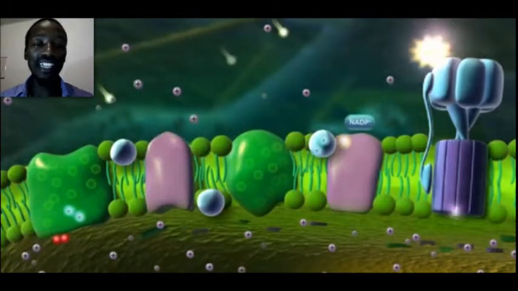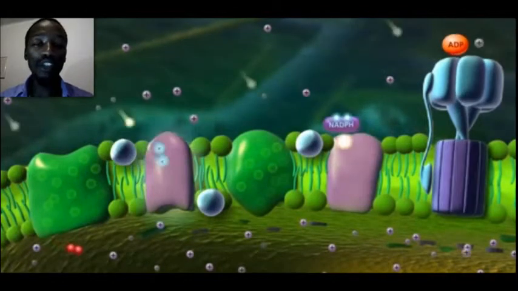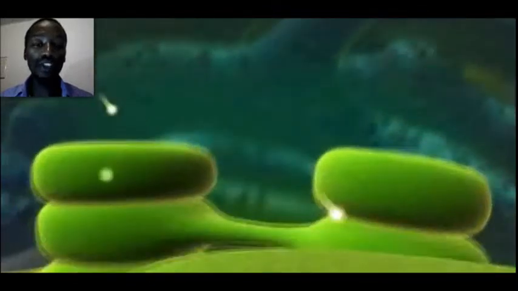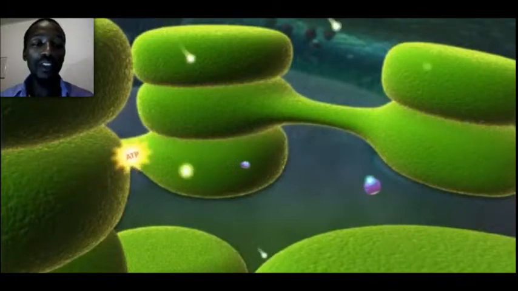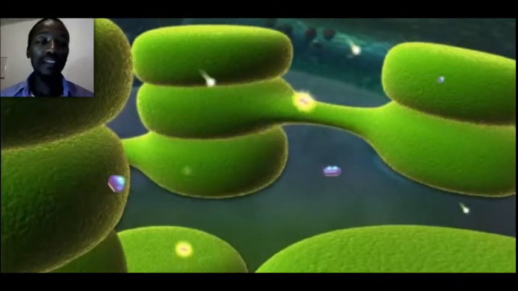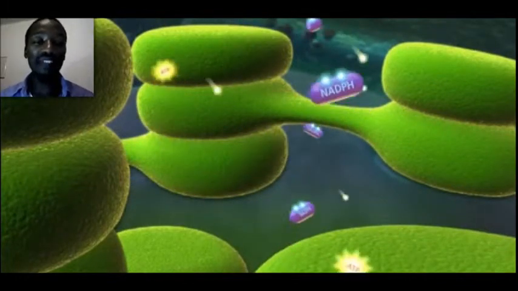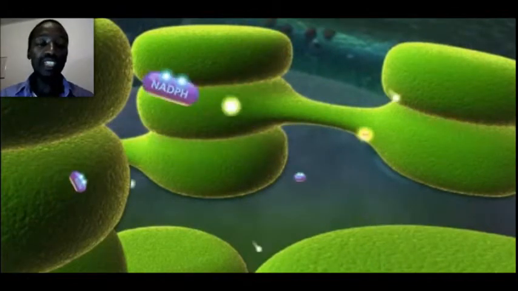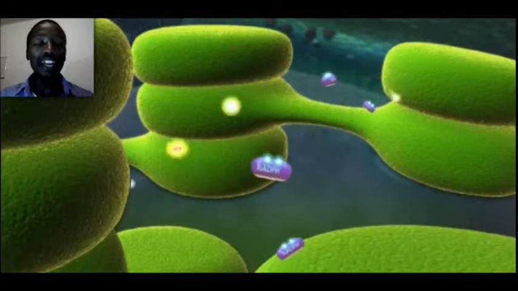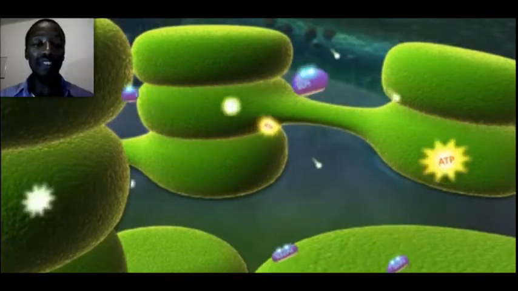Remember what we said, the reasons why all of this is happening, just to give us our two main sources of energy, NADPH and ATP. When these two get outside in the stroma, then we are about to start the Calvin cycle. These need to be supplied in abundance because they get used a lot during the Calvin cycle.